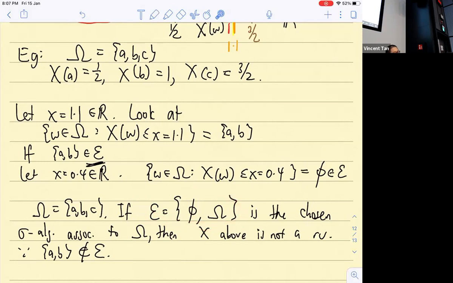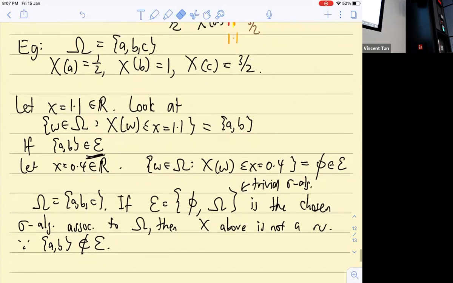No, it doesn't. So if I create this sigma algebra, this is called a trivial sigma algebra, then X as defined above is not a legitimate random variable. The sigma algebra is not rich enough.